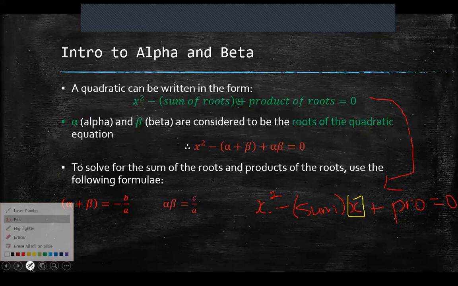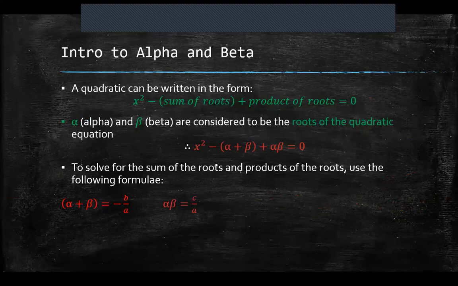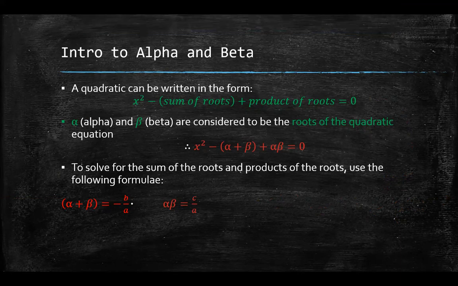Okay. I have a formula to find the sum of the roots and the product of the roots. The sum of the roots, which is alpha plus beta, has the formula minus b on a. You might be wondering, where did I get b and a from? Well, when we were completing the square, we identified a, b, and c before we started solving for x and k.